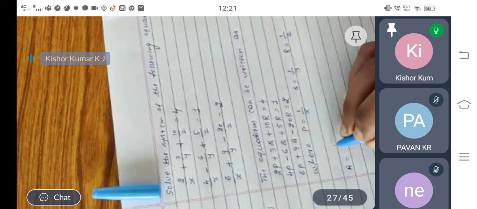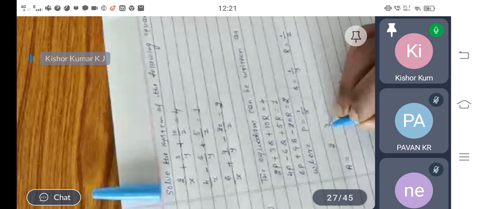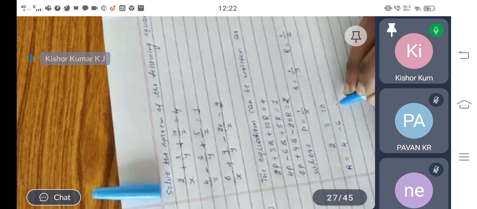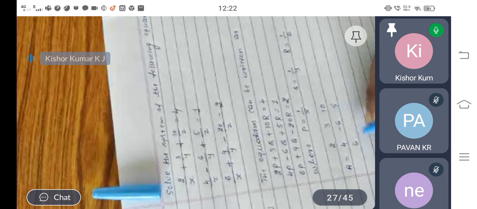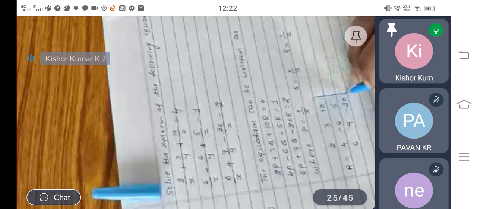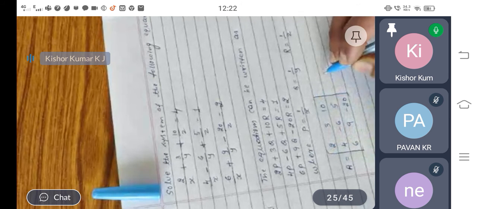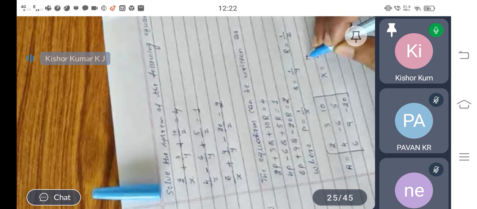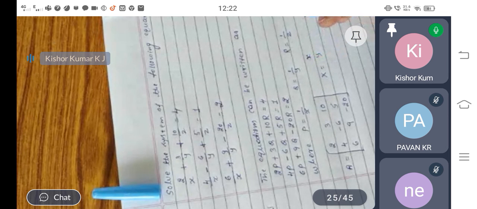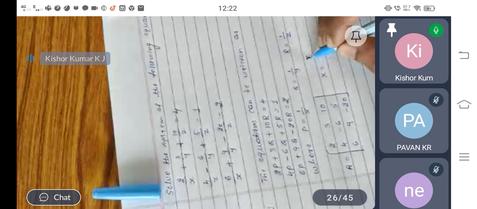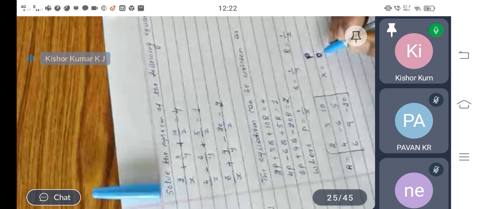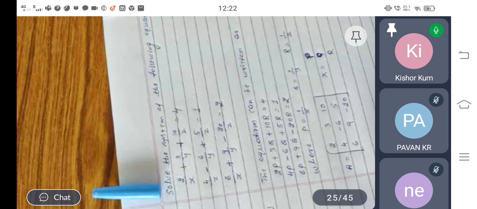A is equal to 2, 3, 10, 4, minus 6, 5, 6, 9, minus 20. I have taken my matrix as it is, and the matrix X is equal to, instead of x, y, z, I can mention it as p, q, r.